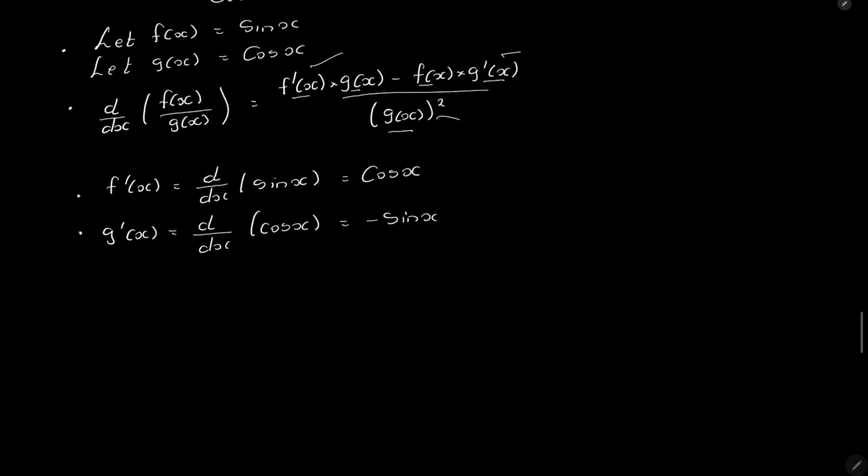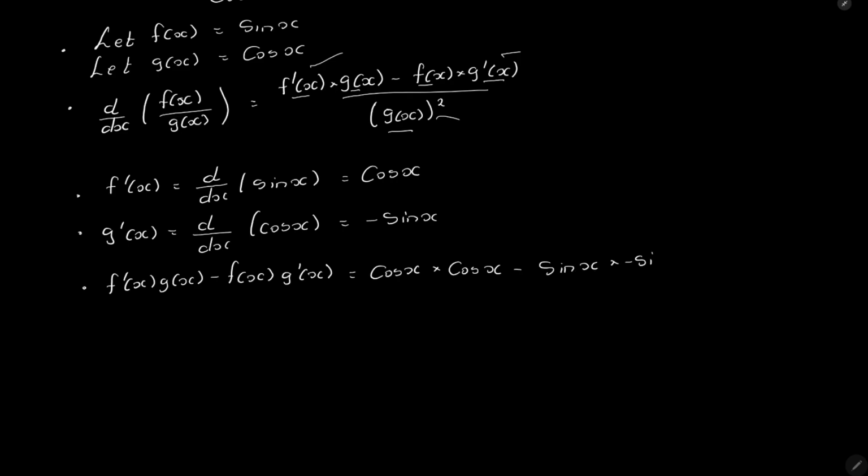So from this, we can then calculate our numerator, that is f prime of x g of x minus f of x g prime of x. What is our f prime of x? Cos x. What is our g of x? Our g of x is cos x still, times cos x, minus what is our f of x? Sin x. And what is our g prime of x? Times negative sin x. This gives us cos squared x plus sin squared x.